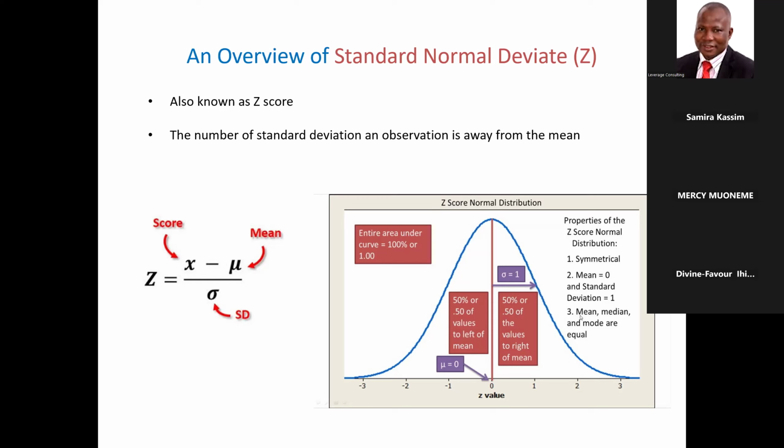Between -3 and +3 standard deviations, 99.9% of the observations lie. We also know that from -1.96 to +1.96 standard deviations, 95% of the observations lie. Those are the characteristics of standard normal curve.